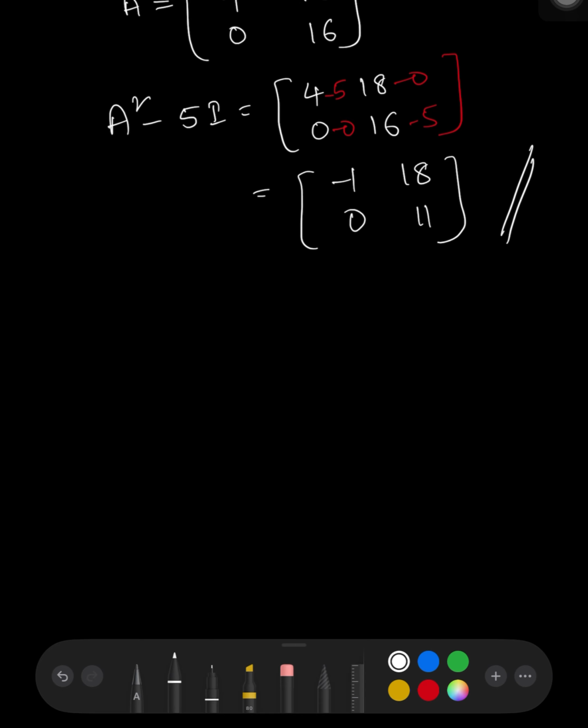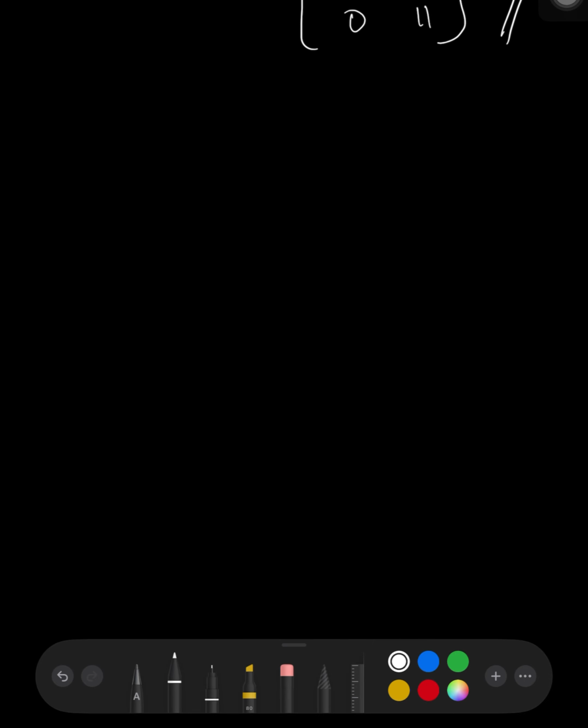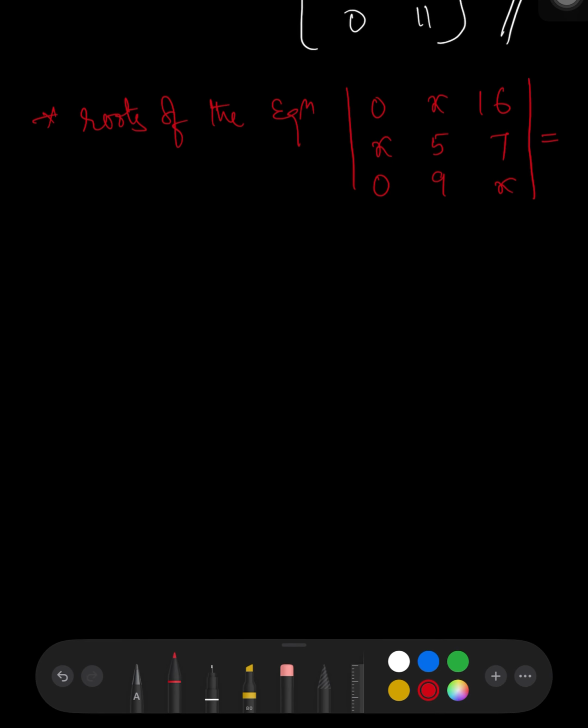In this topic of determinants, some of the questions are very regular. We will discuss that type of questions. Firstly, the roots of the equation. Find the roots of the determinant [0 x 16; x 5 7; 0 9 x] equal to 0.